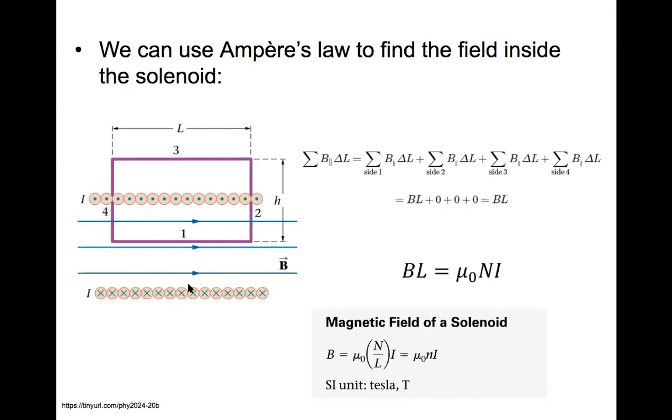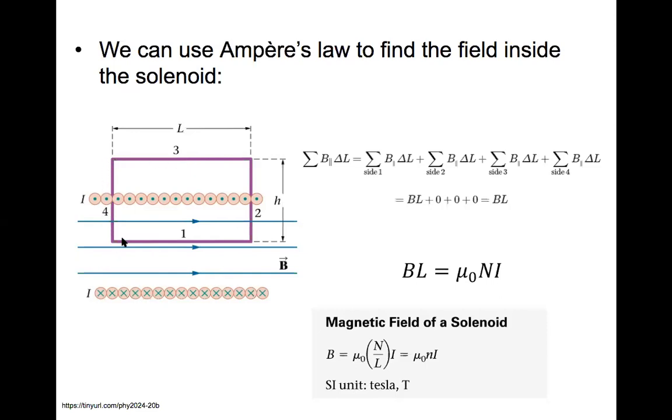Now, we can use Ampere's law to determine the magnetic field inside the solenoid. We are going to draw a closed path, which in this case is a rectangular closed path. We start from some point over here, then there's this segment of the loop, and this one, and this one.